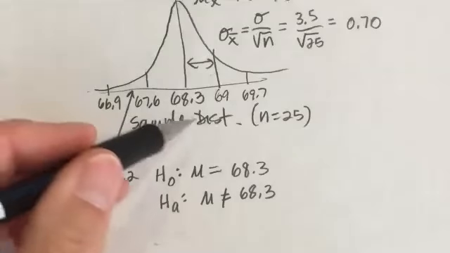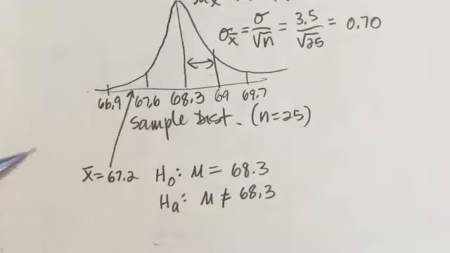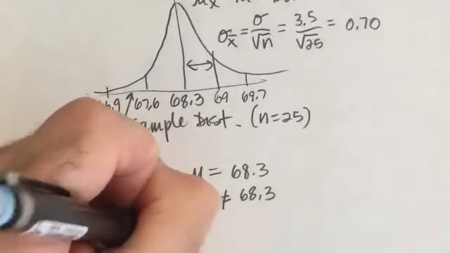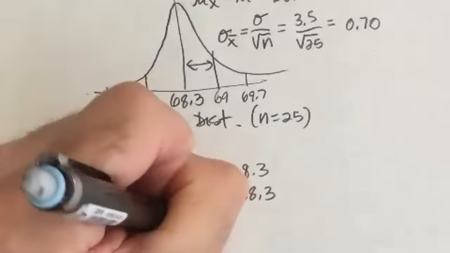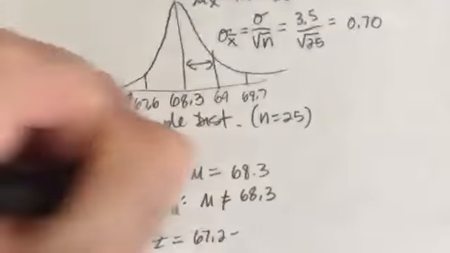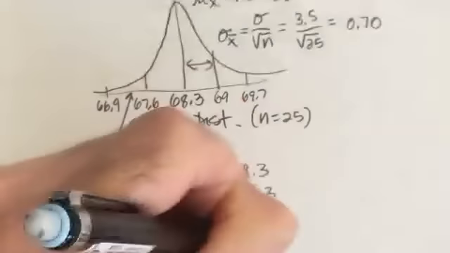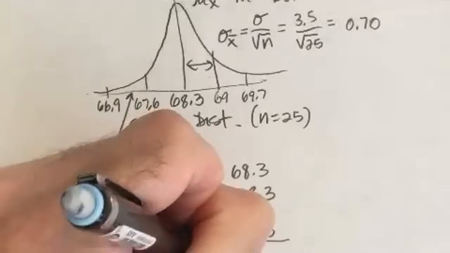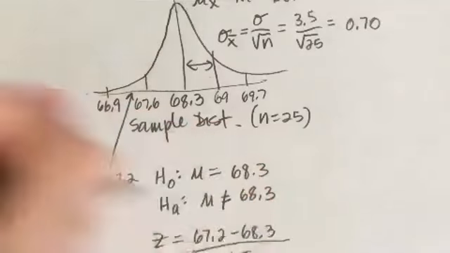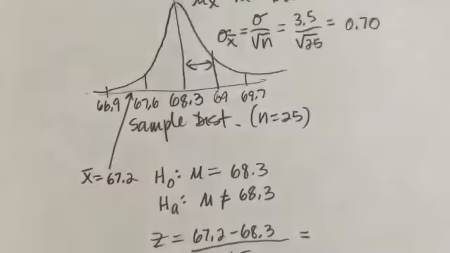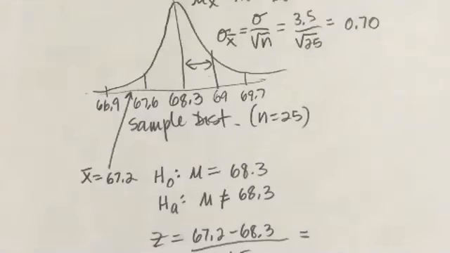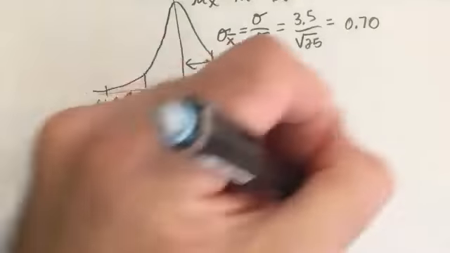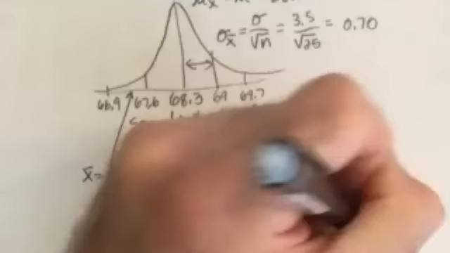So how far over is this? We would say that our z is our value, 67.2 minus the mean, divided by the standard deviation, which is the standard deviation divided by the square root of sample size. So how far over is it? 67.2 minus 68.3. That's down 1.1 degrees.